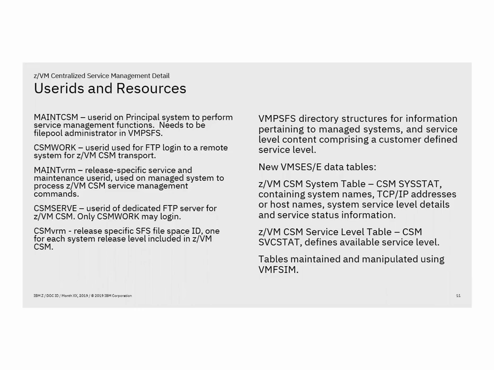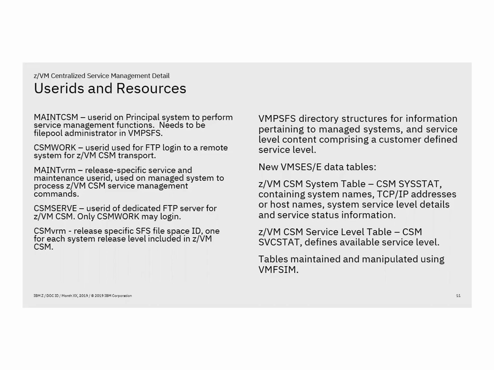So one virtual machine, main CSM, is going to be used only on your principal system, and you're going to do all the CSM related work from that virtual machine. Now, since all of the information that CSM is working with, service levels, system information, is stored in the shared file system, the main CSM virtual machine needs to be a file pool administrator within the VMP SFS file pool.